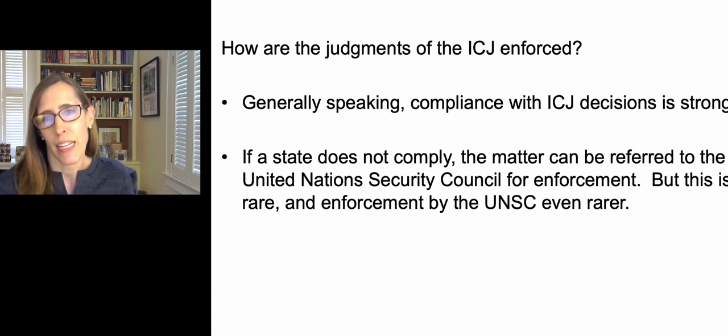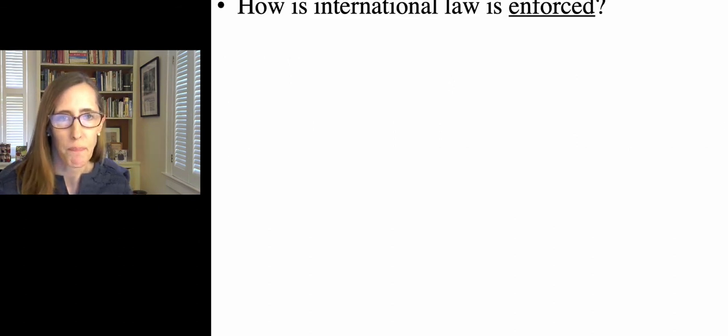But this is an imperfect solution because, first of all, it doesn't happen that often. And second of all, even when a case is referred, the Security Council can choose not to enforce. And for reasons we'll talk about in a moment, the UN Security Council frequently is hamstrung by the fact that there are vetoes of 5 permanent members that can prevent it from taking action.